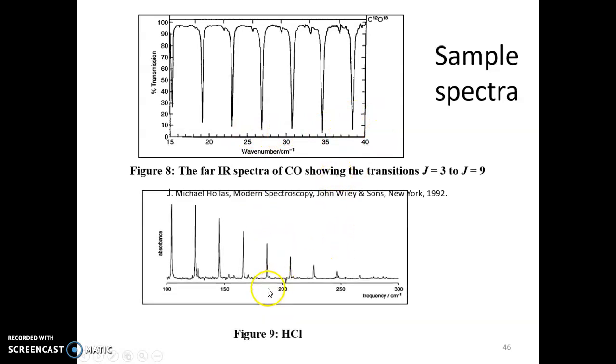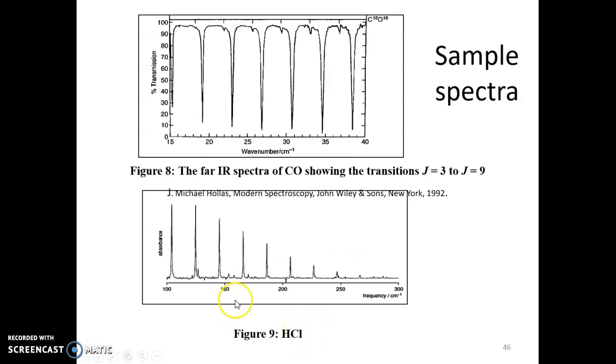If we look at another sample obtained in the lab, for carbon monoxide, it's a diatomic molecule. This is also another diatomic molecule. What we notice is that there are several lines, again because several states are occupied, because rotational energy levels are close and of low energy.